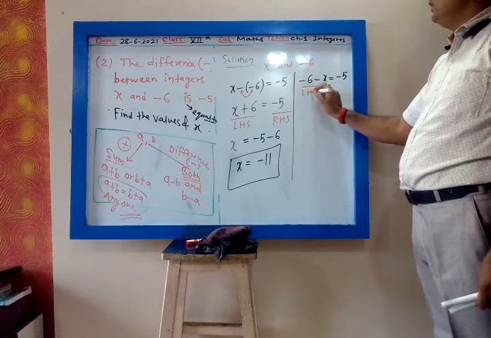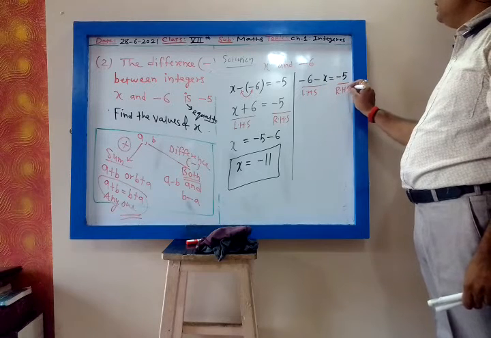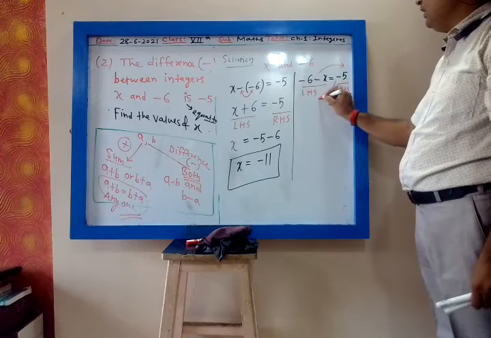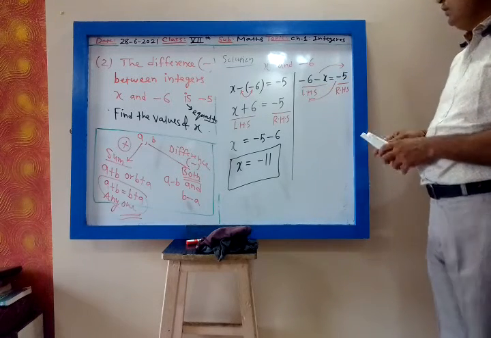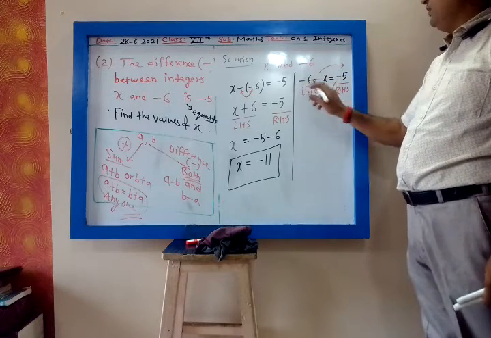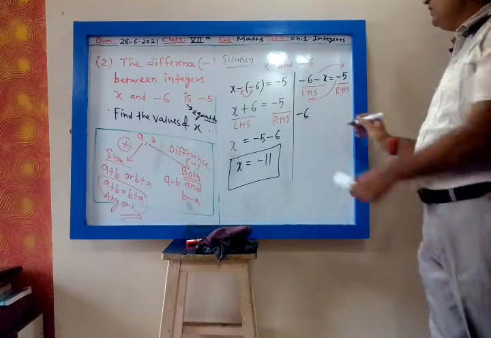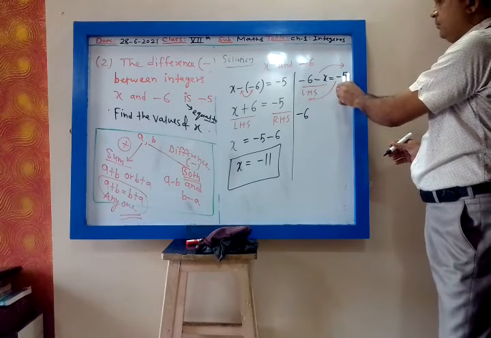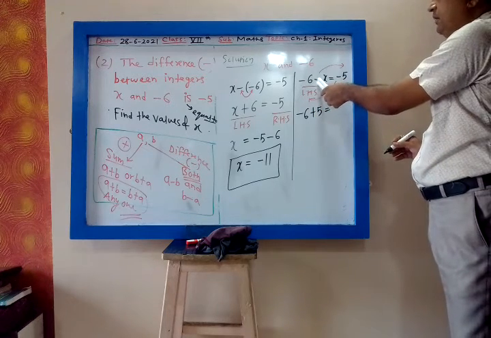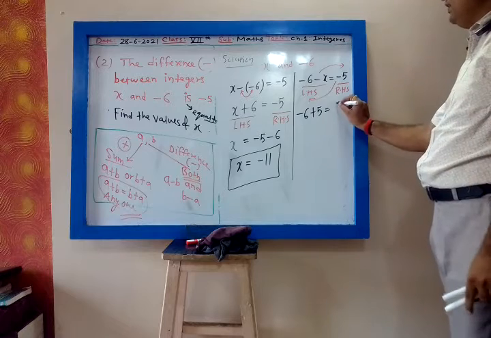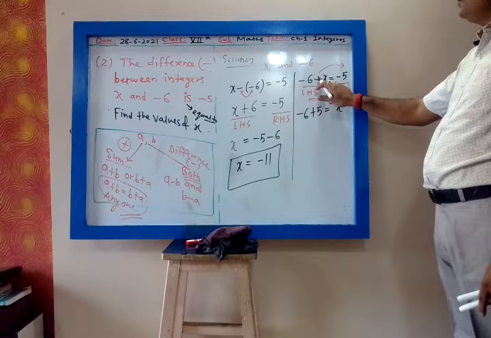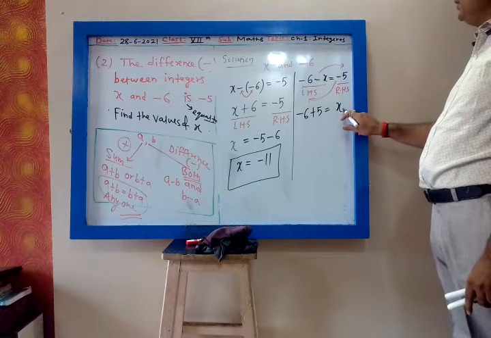Minus x I will take on the right side, and minus 5 I will take on the left side. Minus 5 on the left becomes plus 5, and minus x on the right becomes plus x.